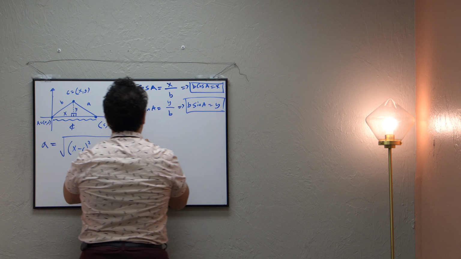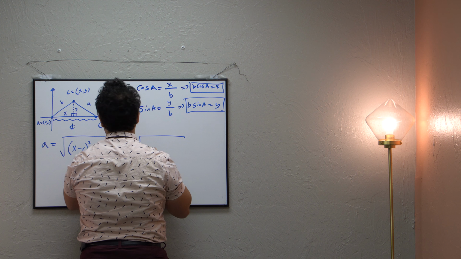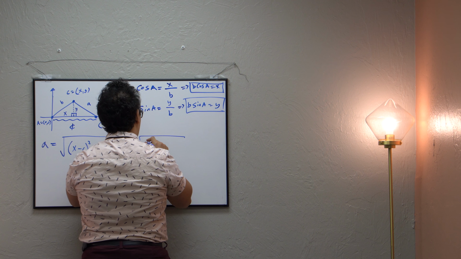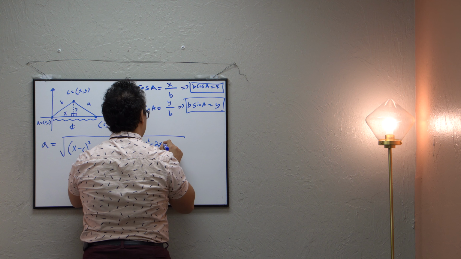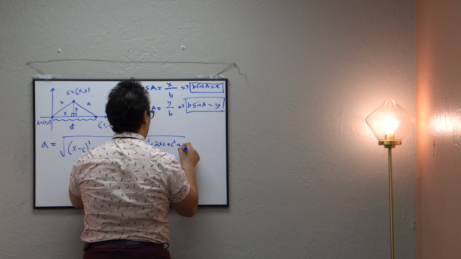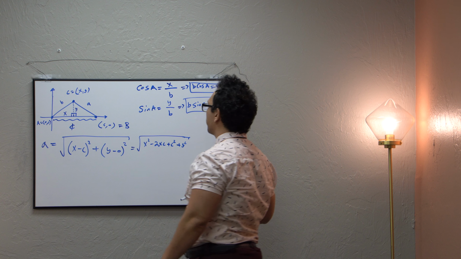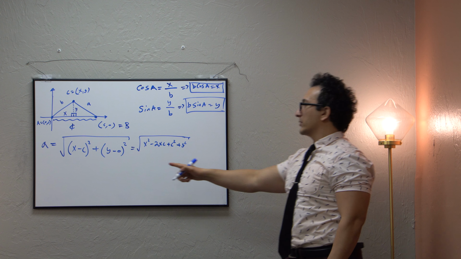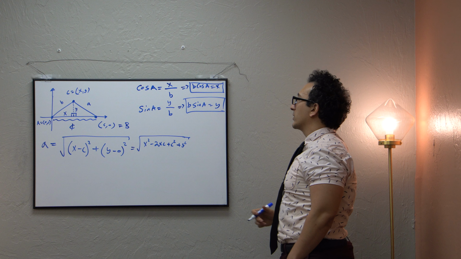Notice that this equation gives us the square root of x squared minus 2xc plus c squared plus y squared. I just FOILed out this term, and we notice that that just gets y squared.